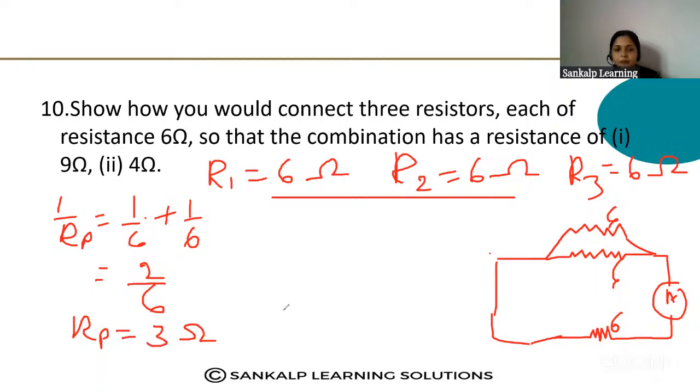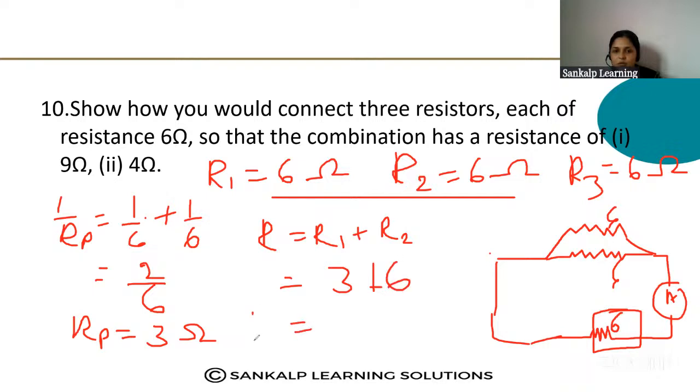Okay. Now this is connected in series. So the series formula, that is Rs is equal to R1 plus R2 plus R3. So the total resistance of these two resistors, that is 3 ohm, plus it is connected in series to another, that is 6 ohm, that is equal to total resistance 9 ohm.